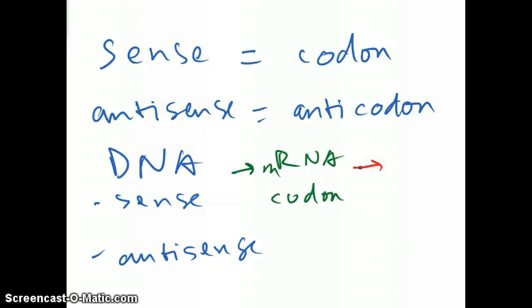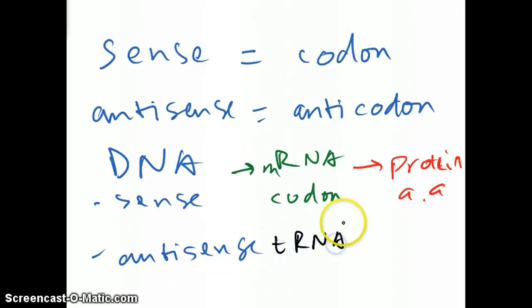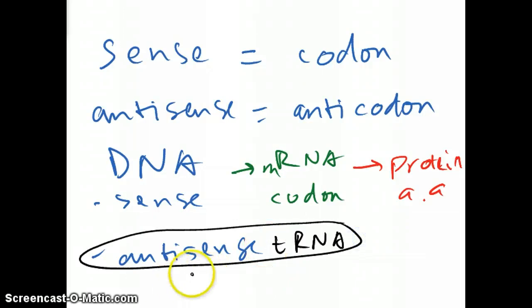Protein doesn't have codon or sense at all. Protein has amino acids. And the tRNA has an anticodon, so tRNA has the antisense, or anticodon.